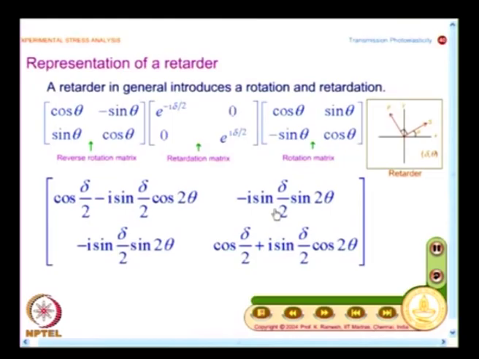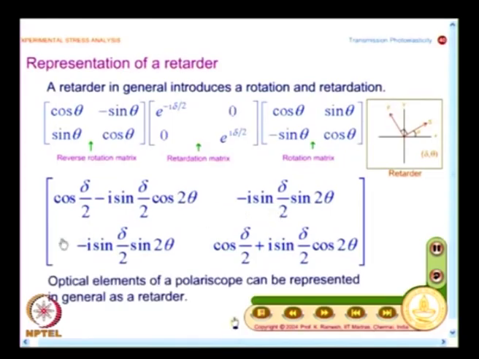I think some of you can verify. So, I have this as cos delta by 2 minus i sin delta by 2 cos 2 theta, and I have this as cos delta by 2 plus i sin delta by 2 cos 2 theta.